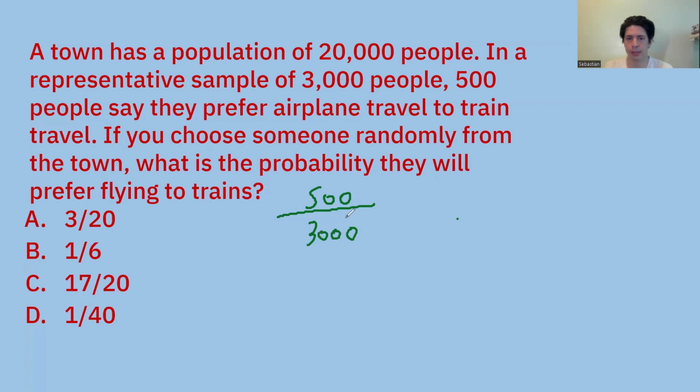So it'll be like this. We eliminate. 5 out of 30 becomes 1 out of 6, right? So it's going to equal 1/6. So again, we eliminate A, we eliminate C, and we eliminate D, right?